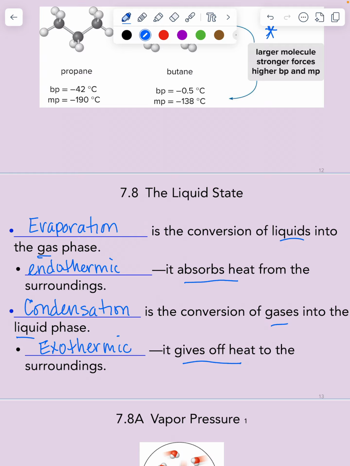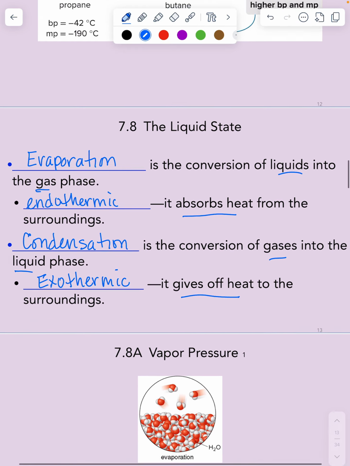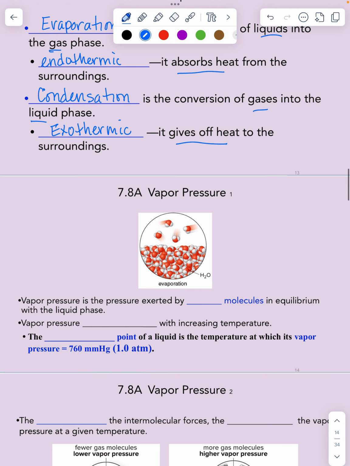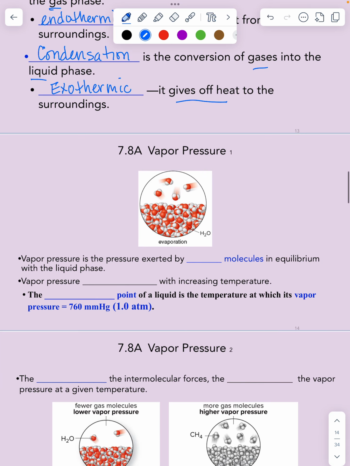Another word that you'll come across is vapor pressure. It says that vapor pressure is the pressure exerted by those gas molecules when it's in equilibrium with the liquid phase. So in this picture, we see that we have liquid water here, and then at the top of the circle there are some water molecules that have turned into a gas.